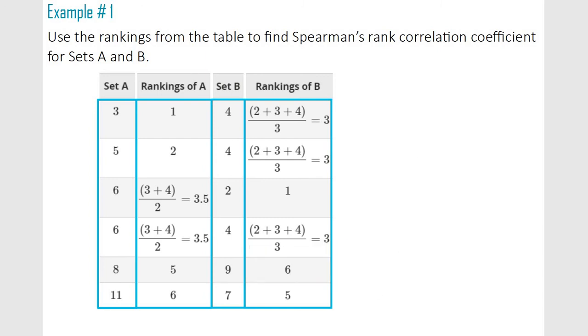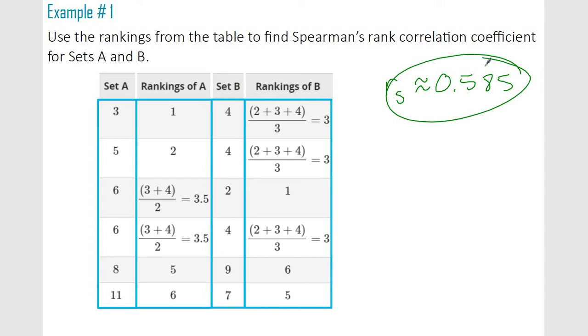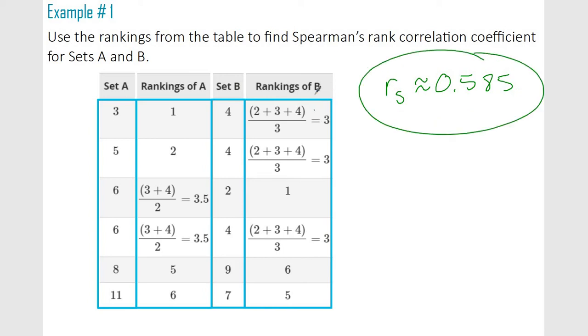Now you just plug those into your calculator and use the LinRegTTest. So your Spearman correlation would be approximately 0.585 to 3 sig figs. So rank your data, then put it in your calculator, and knock this out.